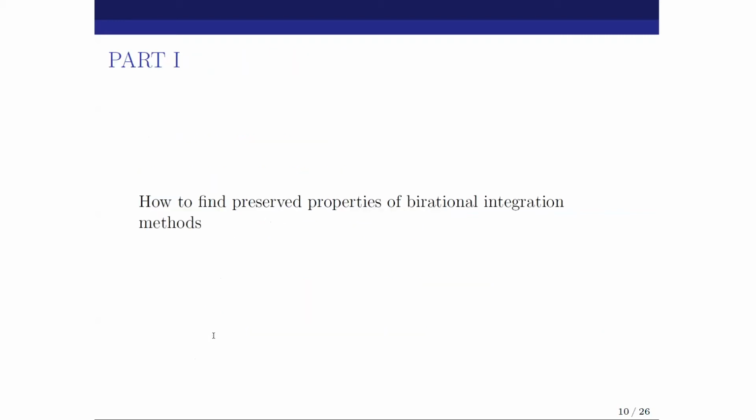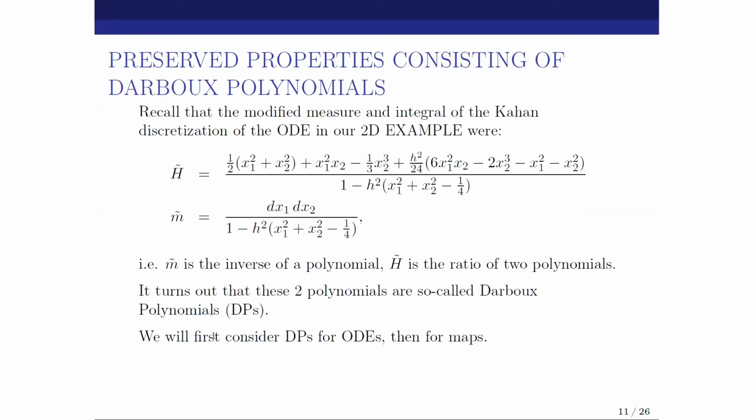All right, so here is part 1. Remember that in this 2-dimensional example, these were our H wiggle and M wiggle, so the discrete preserved quantities. Of course, H wiggle is rational, but that means it's a ratio of 2 polynomials. And M wiggle is 1 over a polynomial. Now, in this case, it happens that the denominator of H is the same as the denominator of M. That's not always the case.